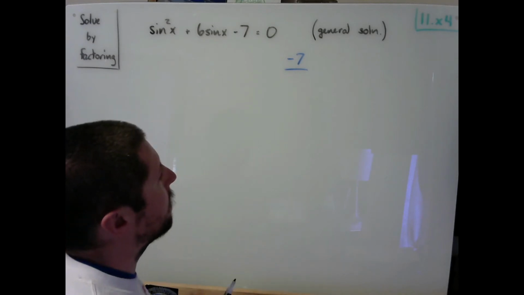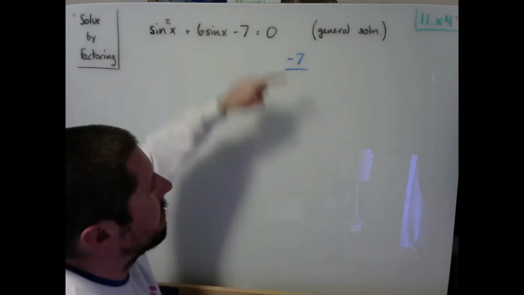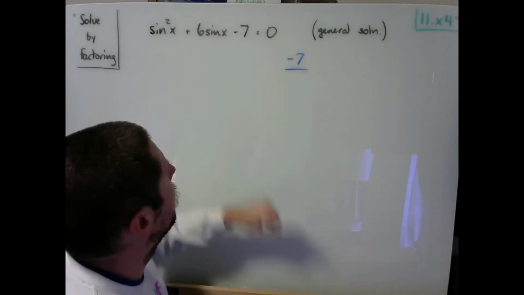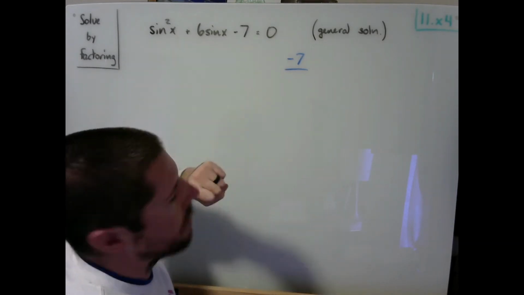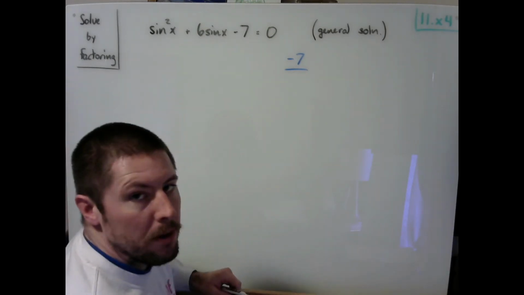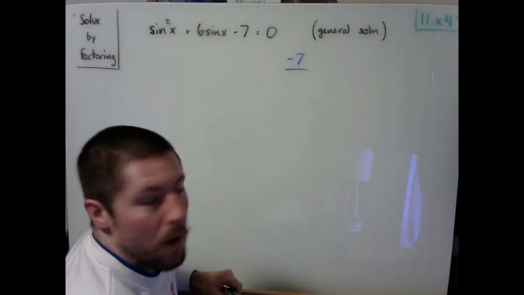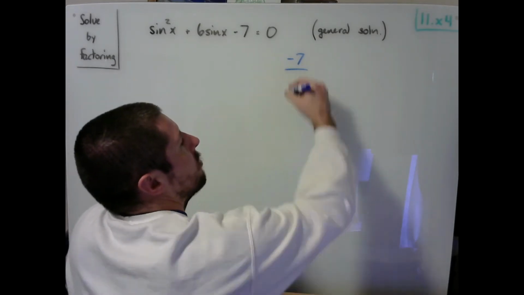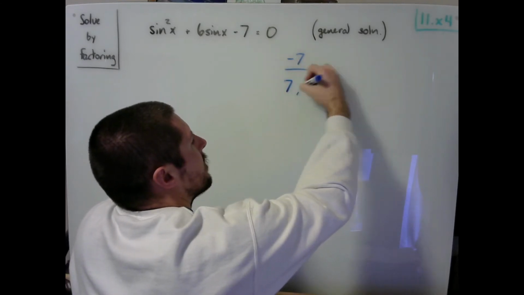So I'm going to make a product pair list for -7. Each of the pairs is going to have one positive number and one negative number. And because this number is positive, I know that I'm looking for my positive number to be the larger of the two. Well, that was a whole bunch of me talking just to be able to write the only one pair that exists for -7 here. The only way that I know to multiply two numbers to get 7 is with 7 and 1.